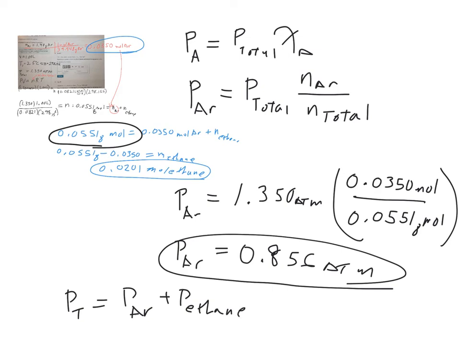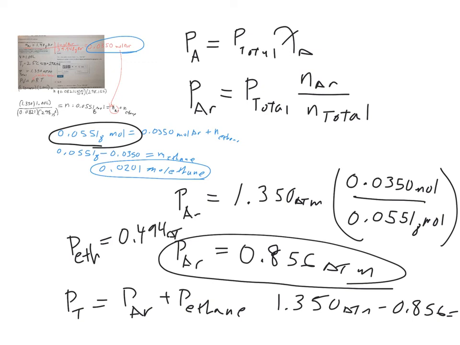So we can just do a subtraction: 1.350 atm minus 0.856. And that gives me the partial pressure of my ethane as 0.494 atm. And that's all there is to it.